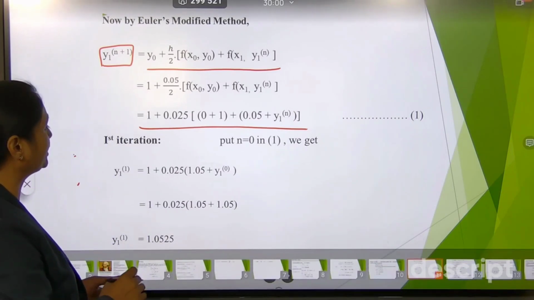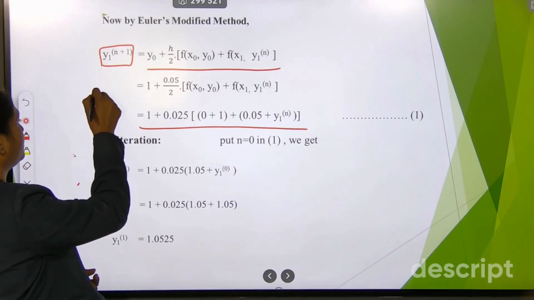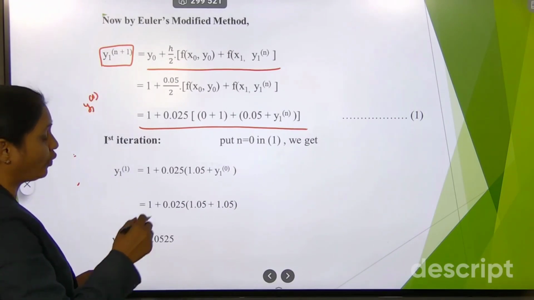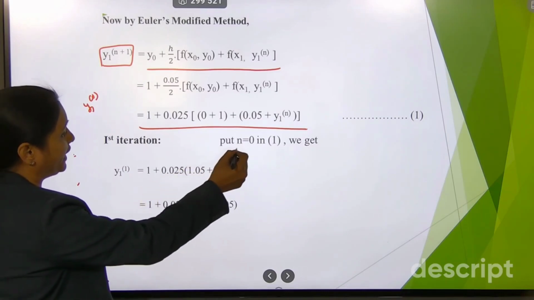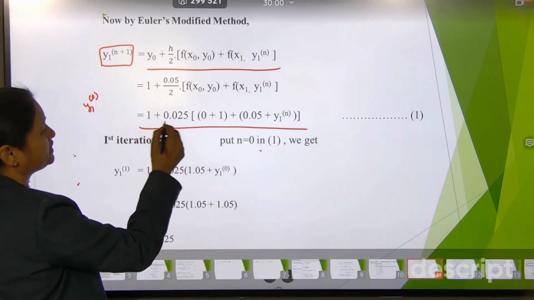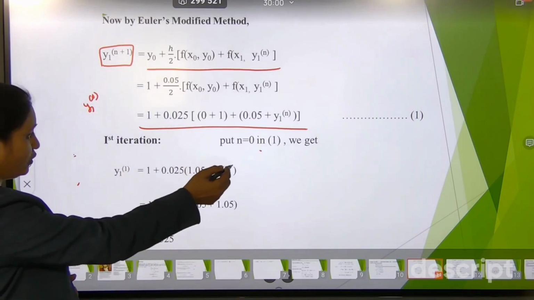For our first iteration, as we have y1 0, we are going to find y1 1. So put n is equal to 0 in equation 1.